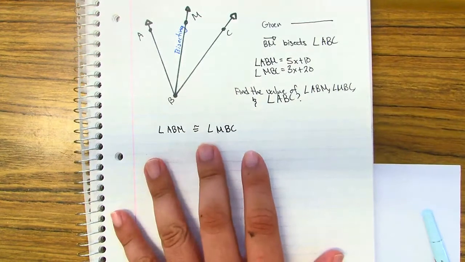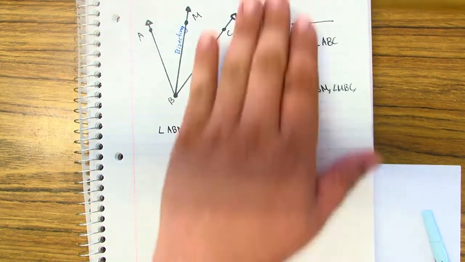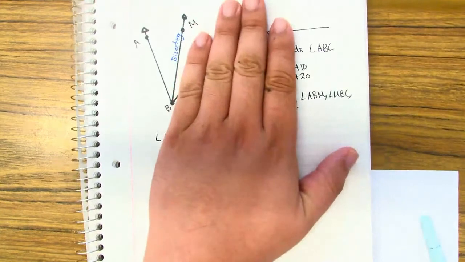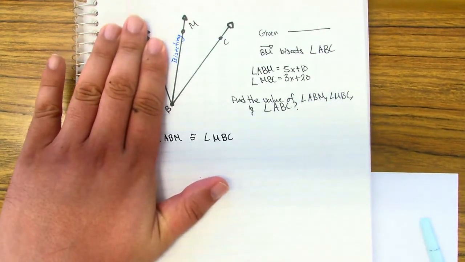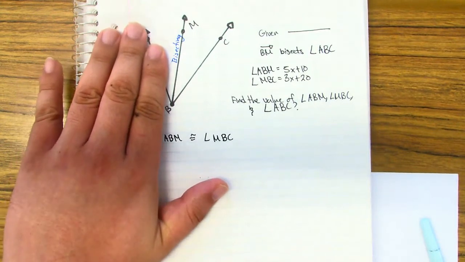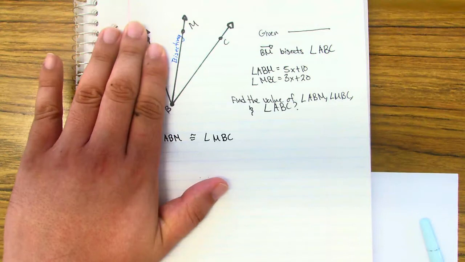A lot of students are going to get confused, because when you write down geometric equations like this, how do we know that angle ABM is congruent to angle MBC? You always have to provide reasoning, because once you don't provide reasoning, then you're just guessing. It's not any different from messing around with an algebraic expression.